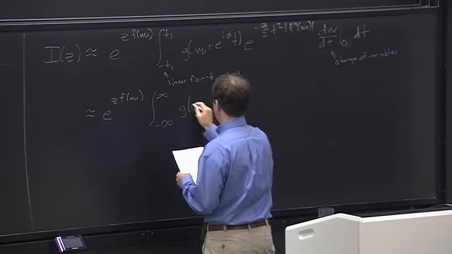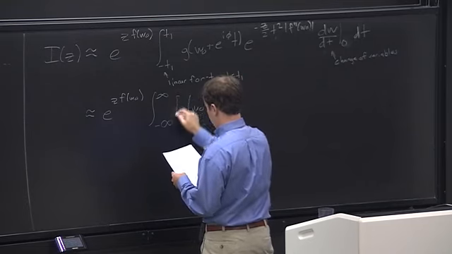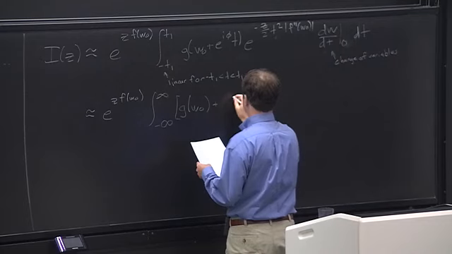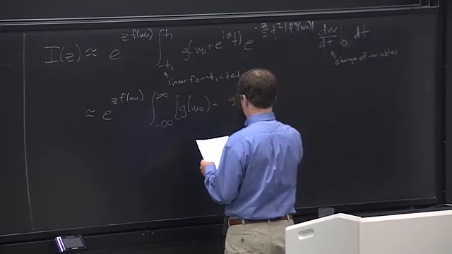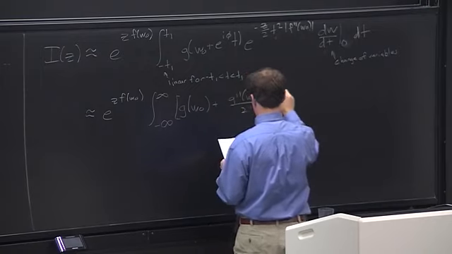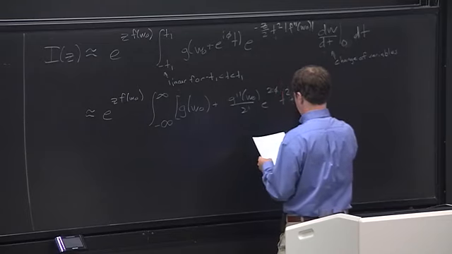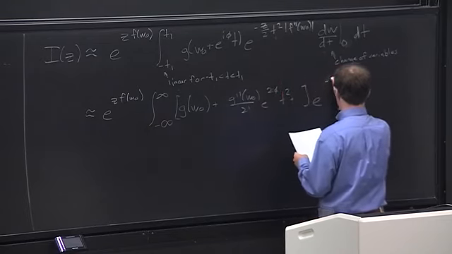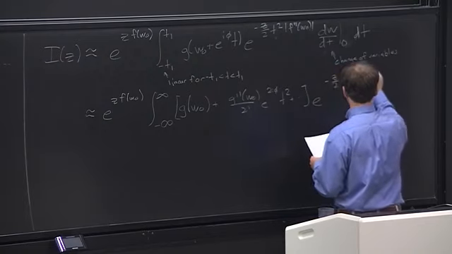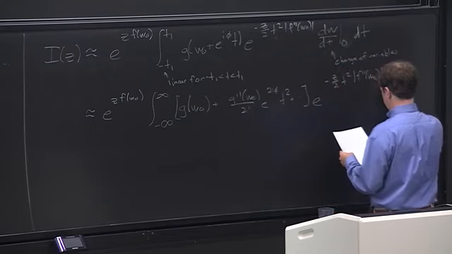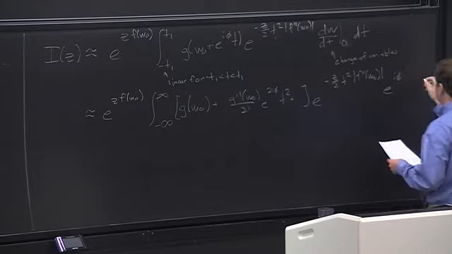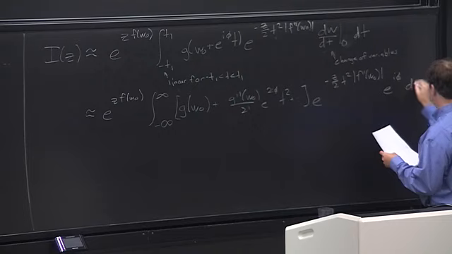So we can write g as g of w naught. We could add other terms. And this change of variables is e^{iφ}, as just pointed out.